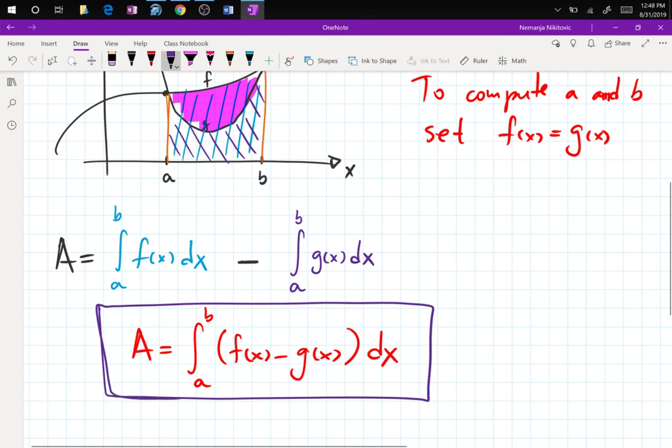Now, some students like to remember this formula as integral of top minus bottom, meaning function on the top, in our case f of x, function on the bottom, g of x. You set f equal to g to calculate your a and b, and then you put both of those into the integral and you compute the values.